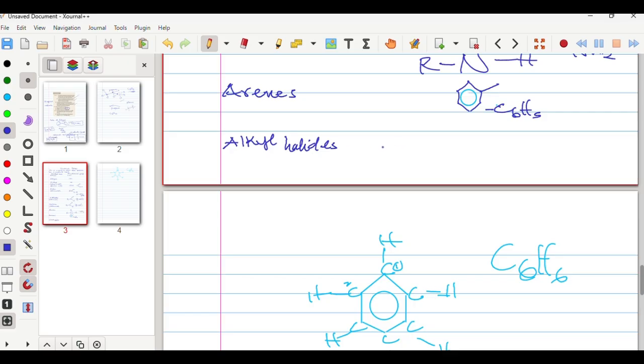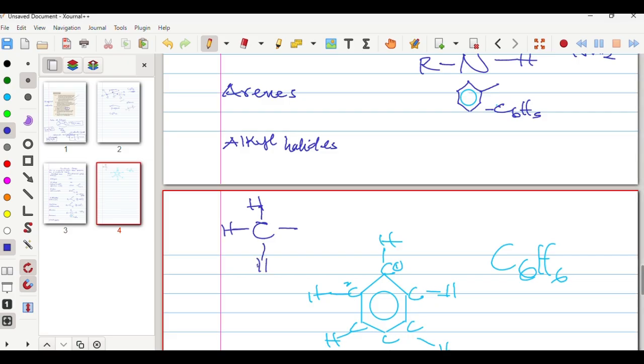If I write alkane down here, methane, CH4, and then one of the four hydrogen atoms is removed. When it is removed, this one becomes methyl, and then I now replace it with chlorine, so it becomes chloromethane.